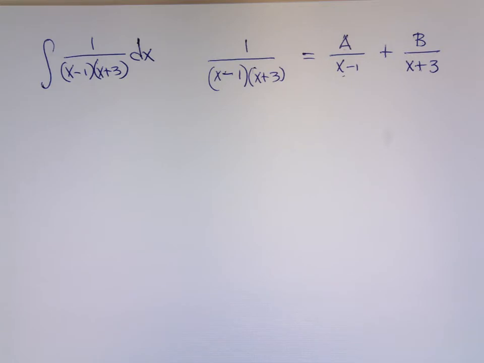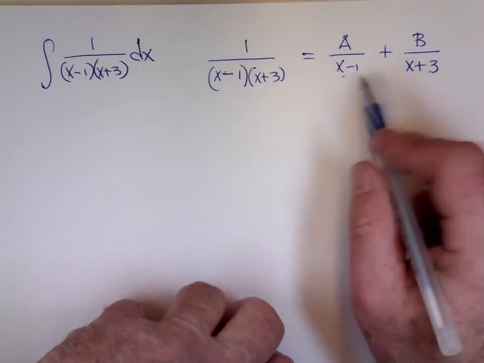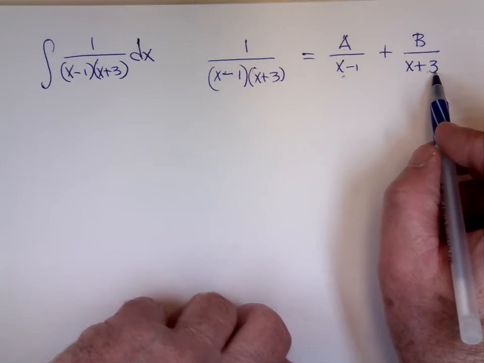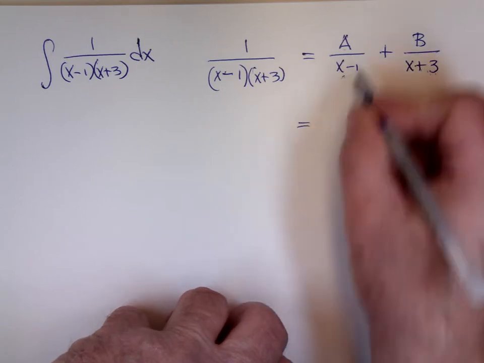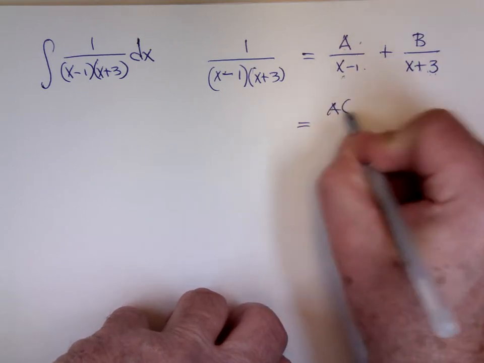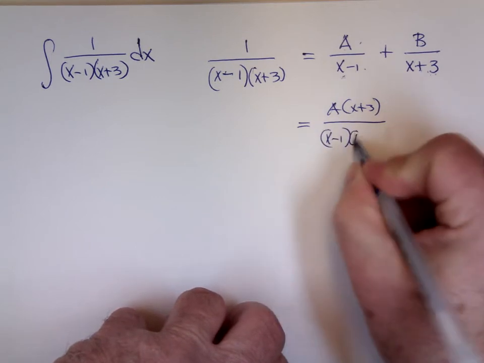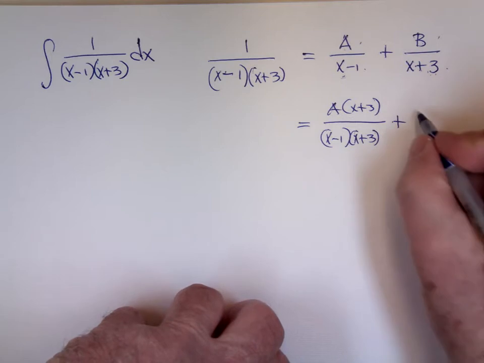The super fast way is the best way to do it, but I'm going to show you the long way first. To add these two fractions, you need a common denominator. The common denominator for these two is their product, x minus 1 times x plus 3. If you were to add these two fractions up, you would multiply this numerator and denominator by x plus 3. You would multiply this numerator and denominator by x minus 1.